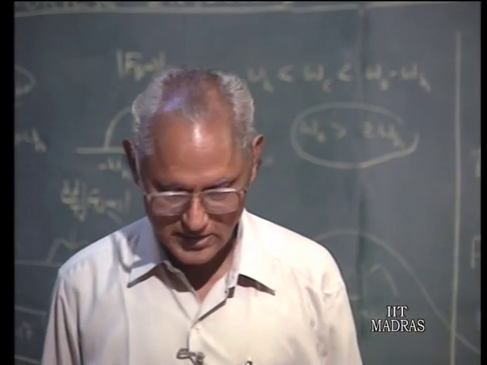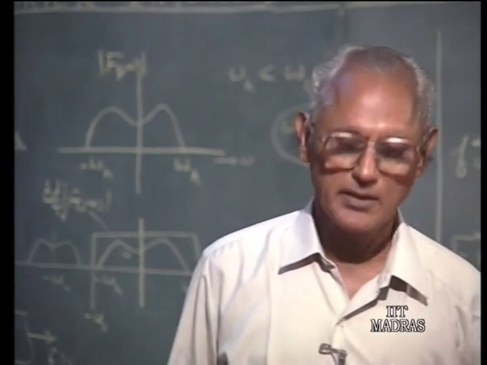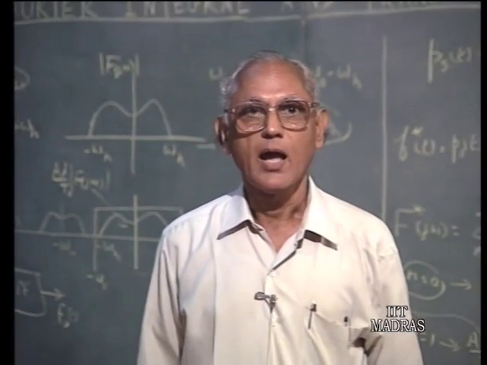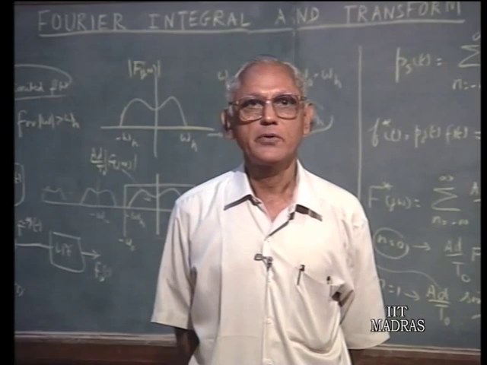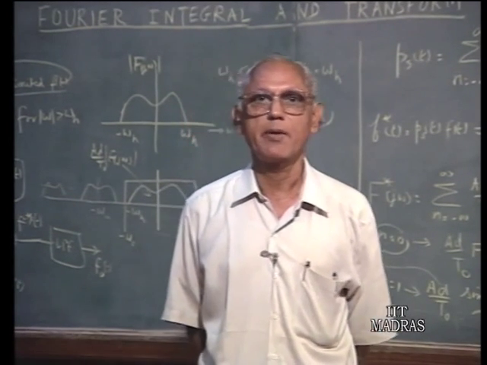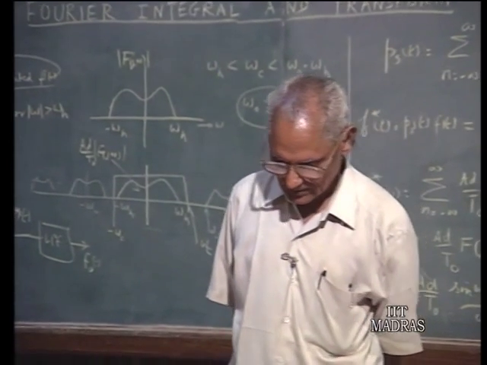To conclude our discussion of the Fourier transform methods, let me offer a few remarks at this stage. Ideally, the Fourier transform is obtained by integrating f of t over an infinite interval of time from minus infinity to plus infinity.